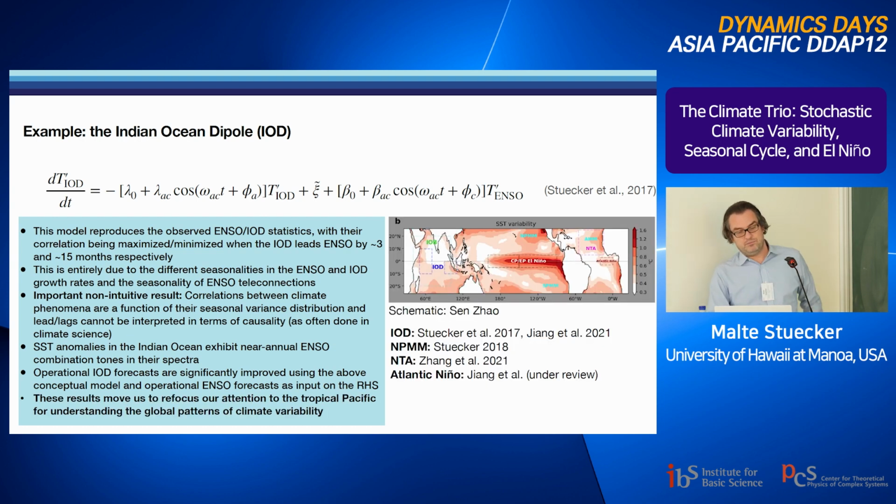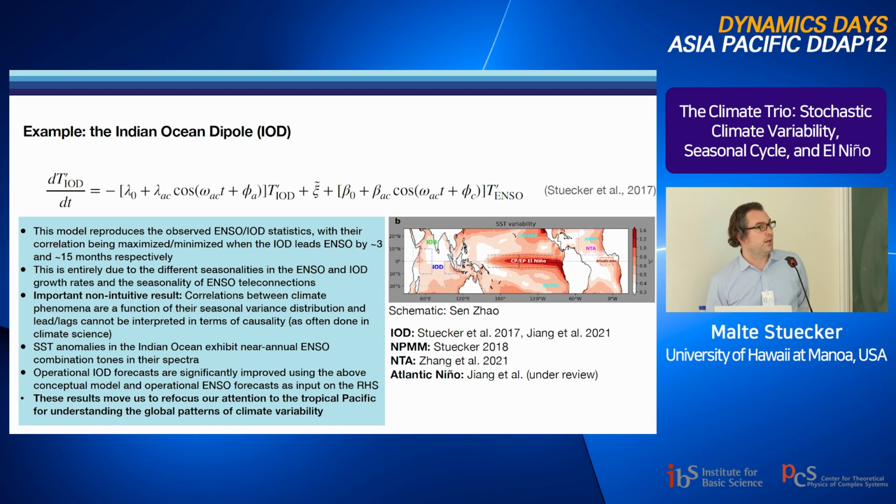Also, this result moved us to at least think about refocusing our attention on the tropical Pacific for understanding global patterns of climate variability. We have a few case studies where we look at different regions in the tropics and these different empirical modes of variability: the IOD, the North Pacific Meridional Mode, the North Tropical Atlantic, and also the Atlantic Niño.